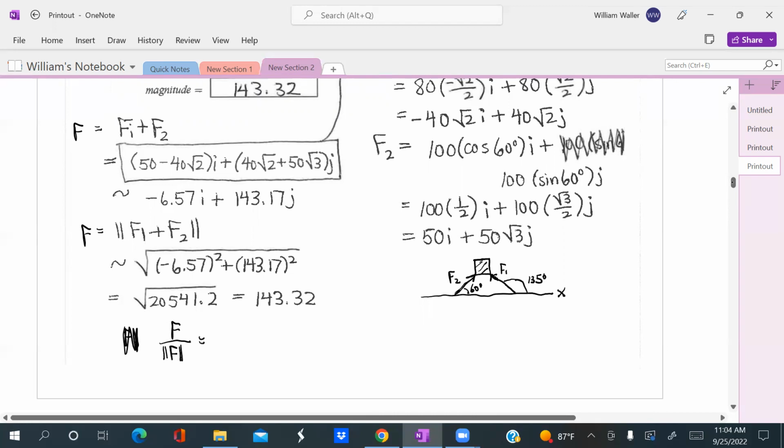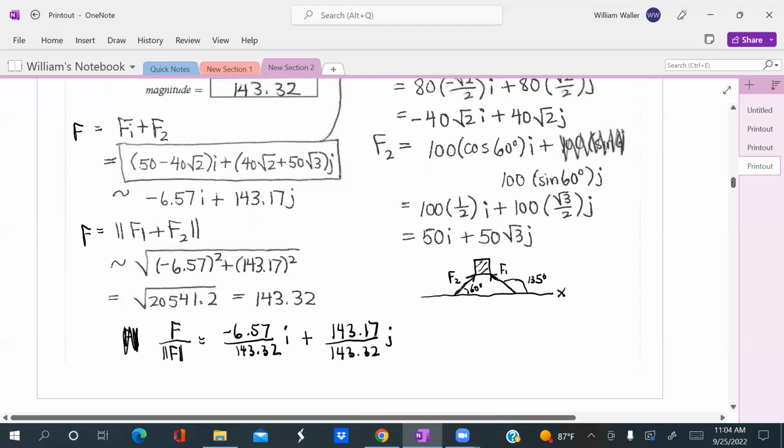So we know that's going to be minus 6.57 divided by 143.32 times i plus 143.17 over 143.32 times j. Oh, that's very close to one. Not quite one.